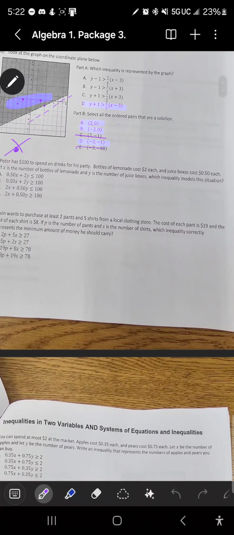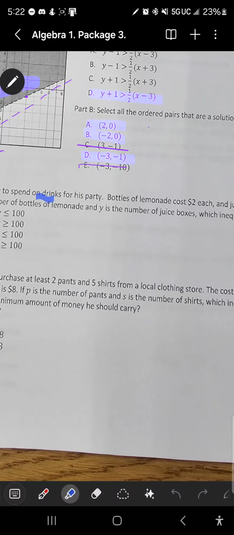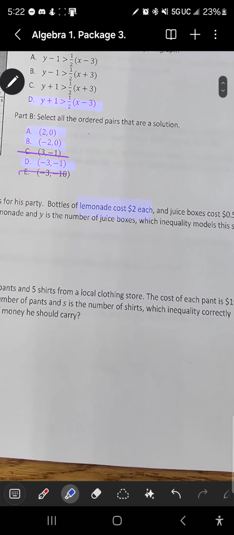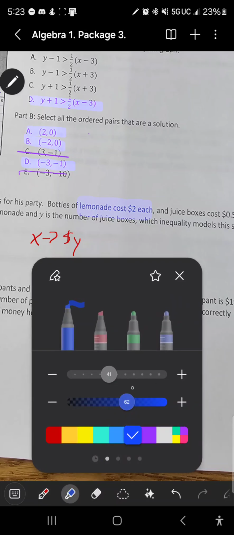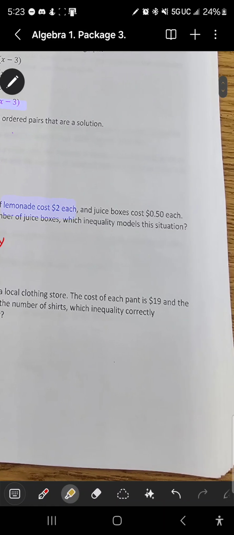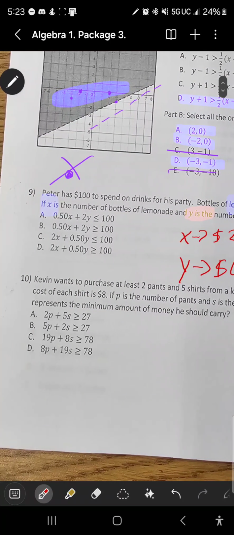If X is the number of bottles of lemonade, so X is the lemonade and goes with $2, and Y is the number of juice boxes, which goes with $0.5. Which inequality models this situation?